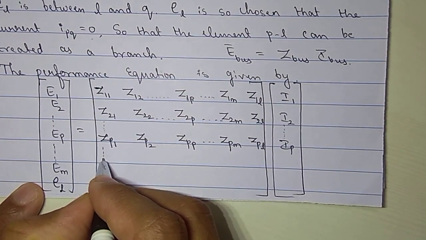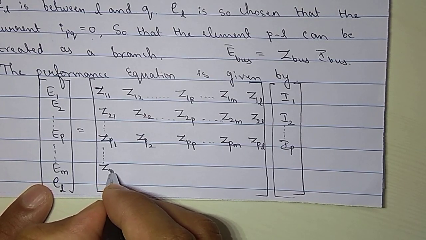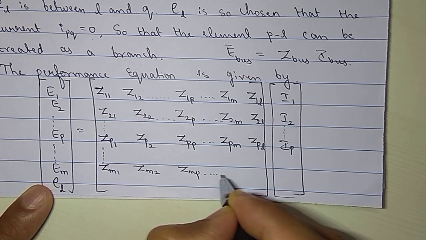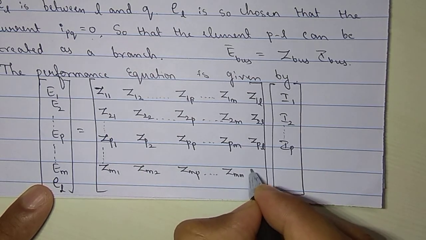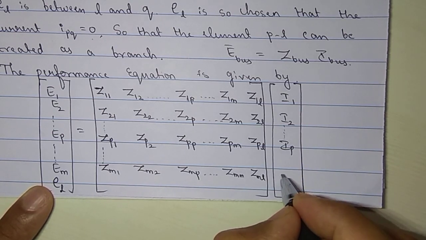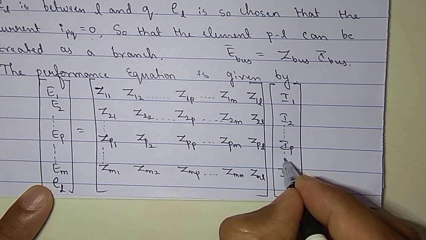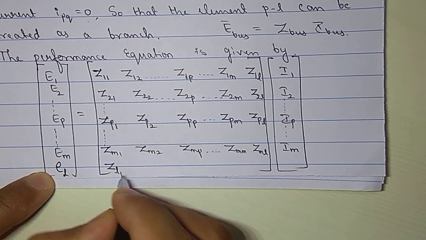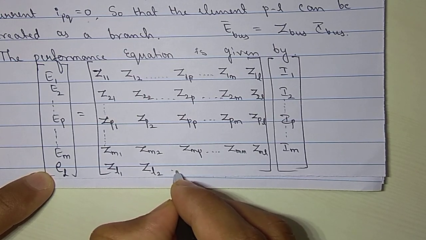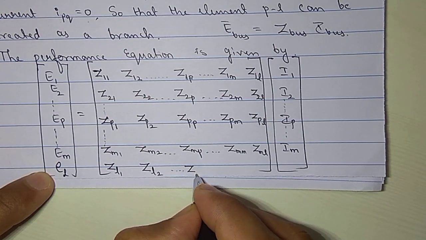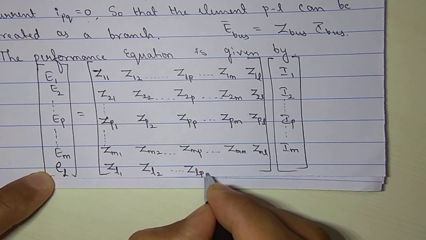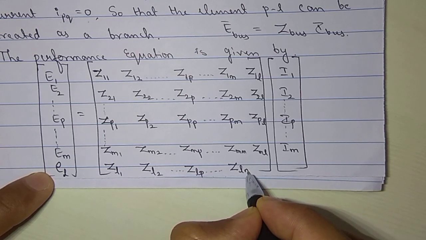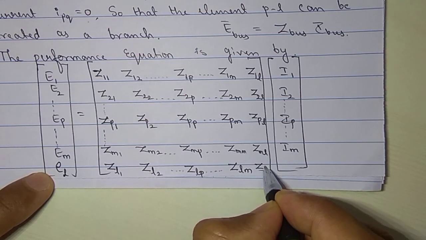The same way it varies. Here ZM1, ZM2, ZMP, ZMM, ZML. But here it is current IM. It also varies. The same way if it is EL, then it is ZL1, ZL2 and so on, ZLP, ZLM and ZLL.